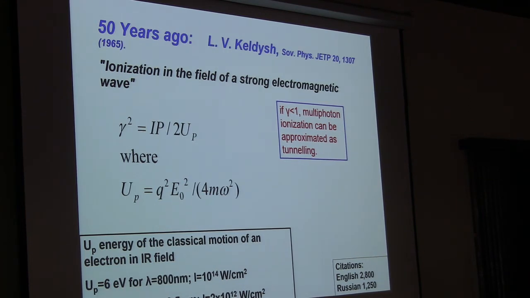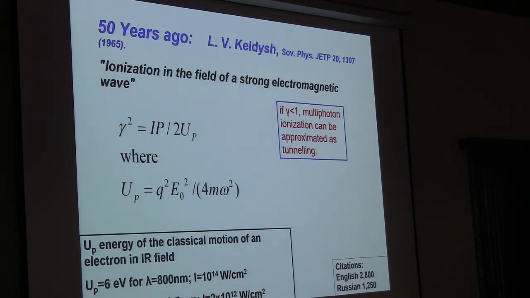And if you want to think about a solid, UP is 2.3 eV for 3 micron light and 2 times 10 to the 12 watts per square centimeter, and I almost certainly thought of that with a free electron mass that is a fraction of the real free electron mass. I think maybe I'm not sure. I have to work that out and check. You might want to check it. In solids, the effective mass is much lower.